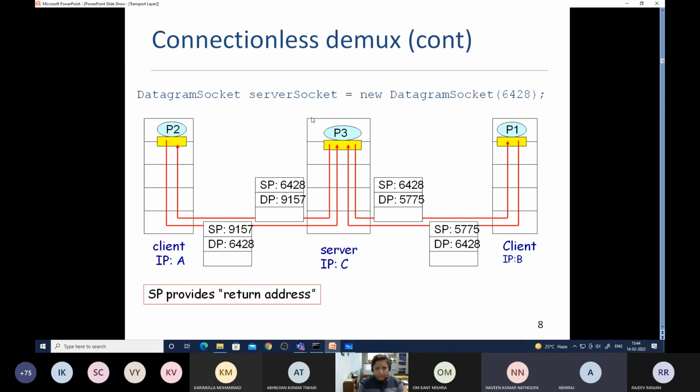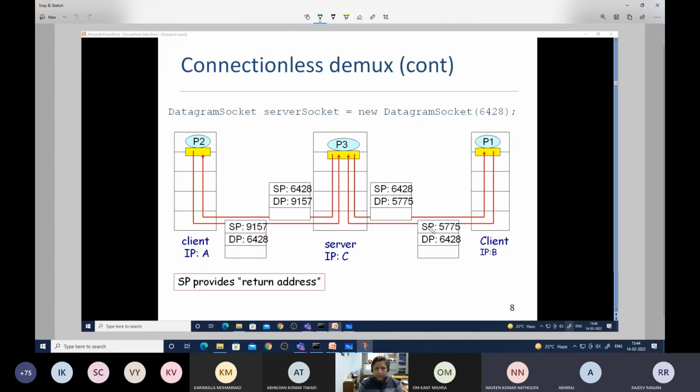Suppose there is a server, a UDP server, which is running a server application as process P3.